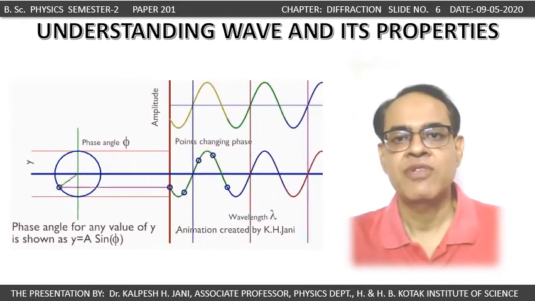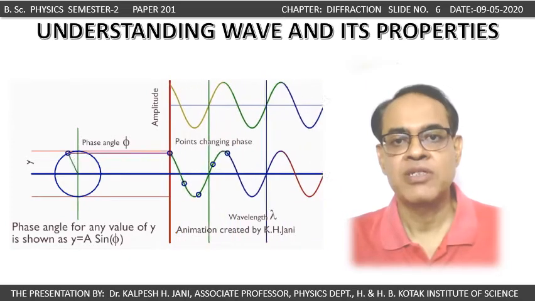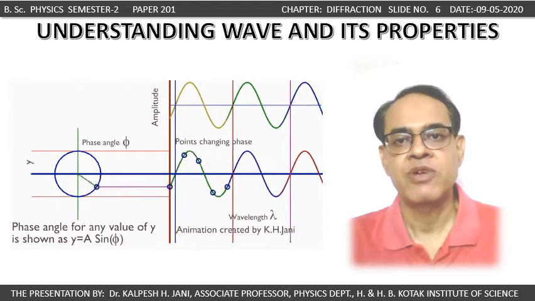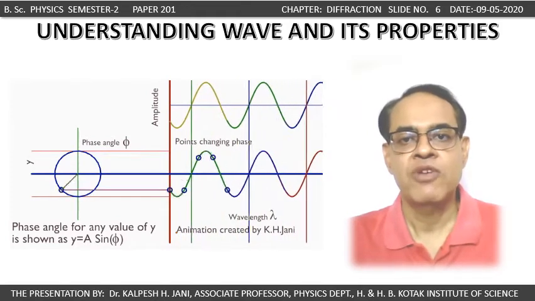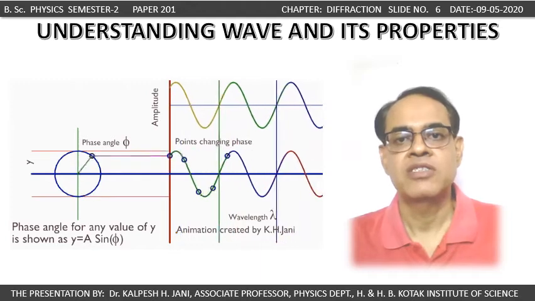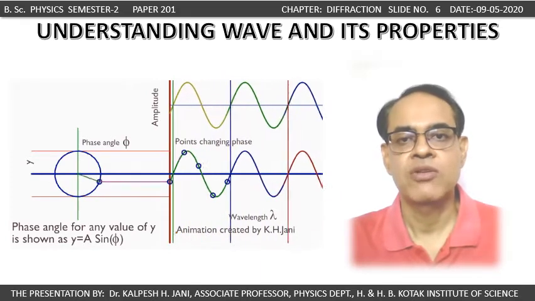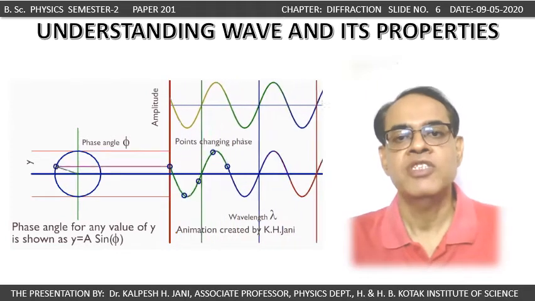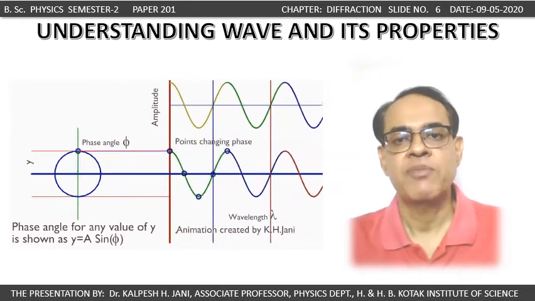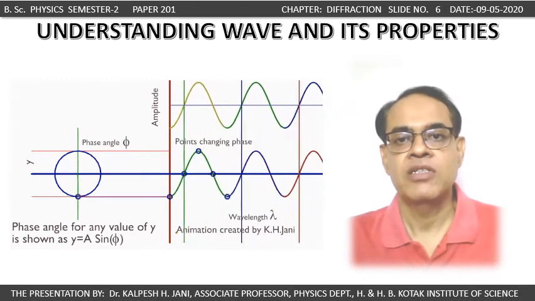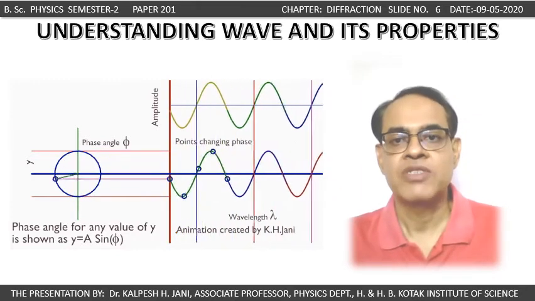Light waves are one type of electromagnetic waves, but this phenomenon is applicable to all types of waves, whether they are sound waves, other material waves like the waves passing in the medium of a stretched string, or the waves set on the surface of water, etc. It is applicable to all types of waves, even matter waves.